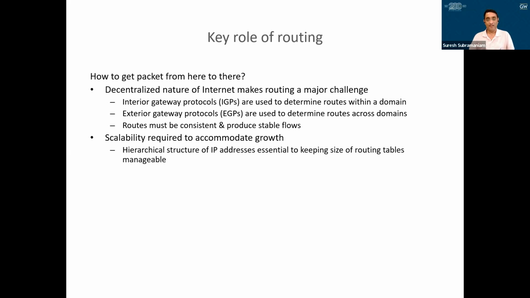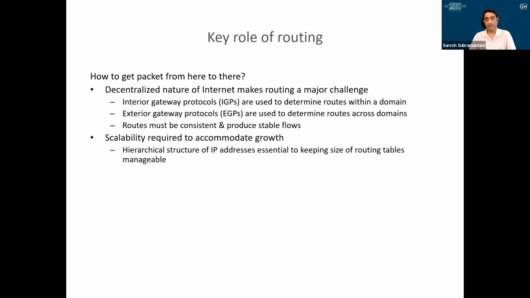What does that mean? Suppose a packet needs to be routed from A to C, and A thinks that the best way to get to C is through node B. So A is going to send the packet to node B, and B has to send it on to C, right? But suppose B thinks that the best way to send the packet to node C is through node A, then B is going to send the packet back to node A. So this is an inconsistent route.